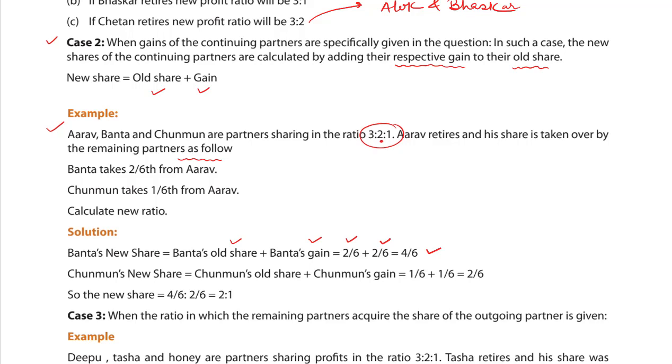Chunmun's new share is Chunmun's old share plus Chunmun's gain. Chunmun's old share is 1 by 6 plus Chunmun takes 1 by 6 from Arav. So 1 by 6 plus 1 by 6 is 2 by 6. So the new shares are 4 by 6 and 2 by 6, that is 2 is to 1. I believe you understood.